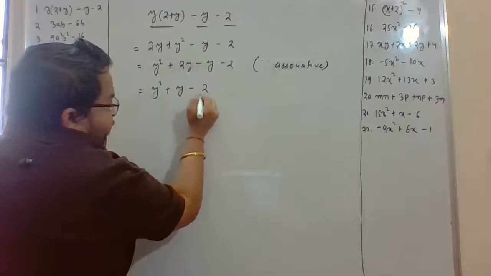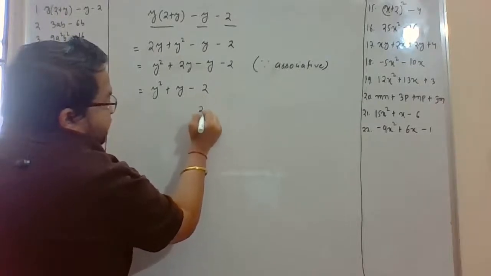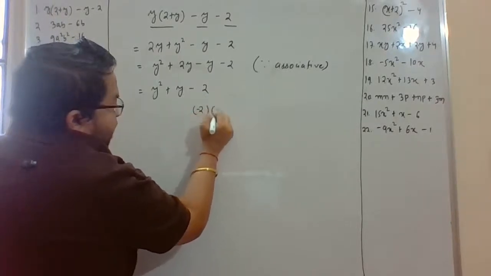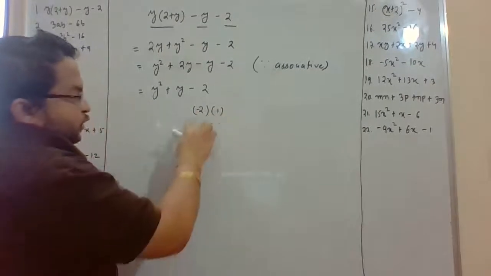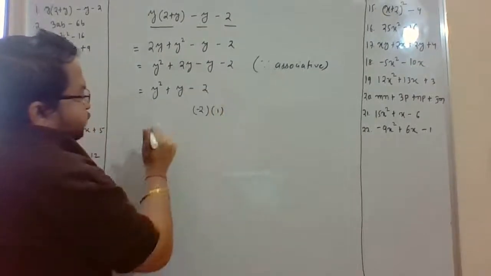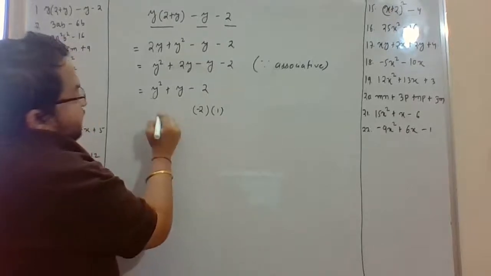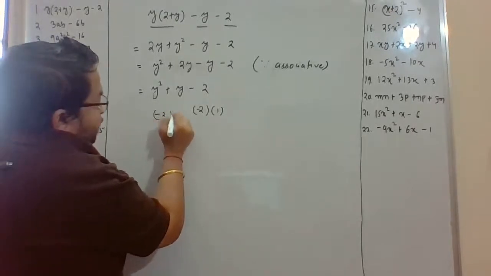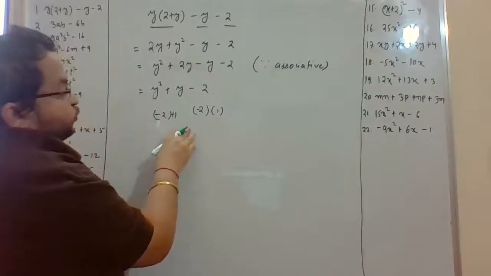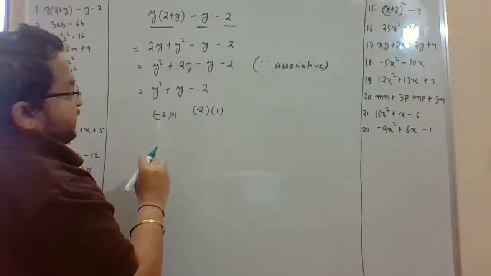This term is minus 2, so the two factors of minus 2 could be minus 2 and plus 1. Minus 2 into plus 1 is minus 2, but if I add them, minus 2 plus 1 is minus 1, so I'm not getting it here.